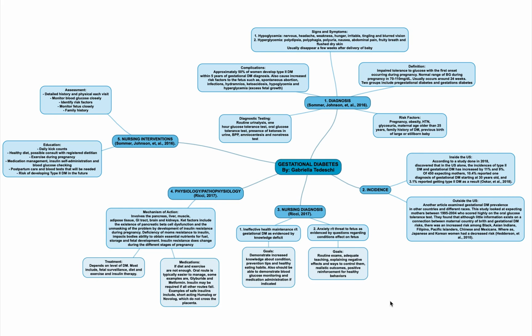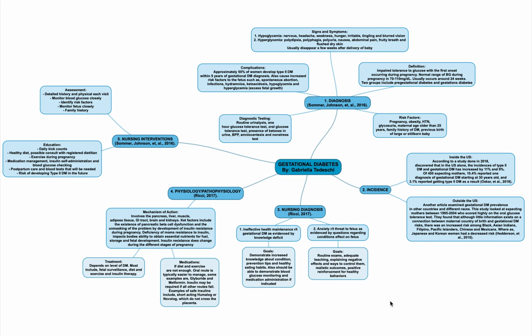We would then have her do the additional testing, which would be the 3-hour oral glucose tolerance test. So the oral glucose tolerance test is followed by an overnight fasting for mom, so no caffeine, no smoking, and no other foods, 12 hours prior to the test.